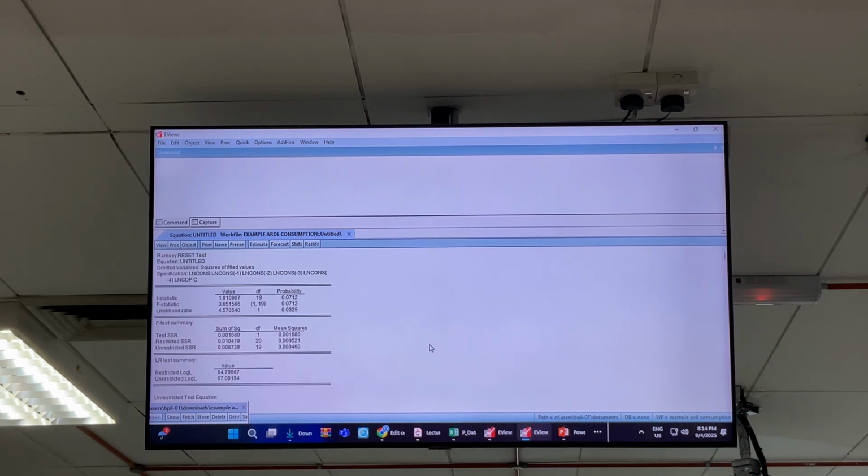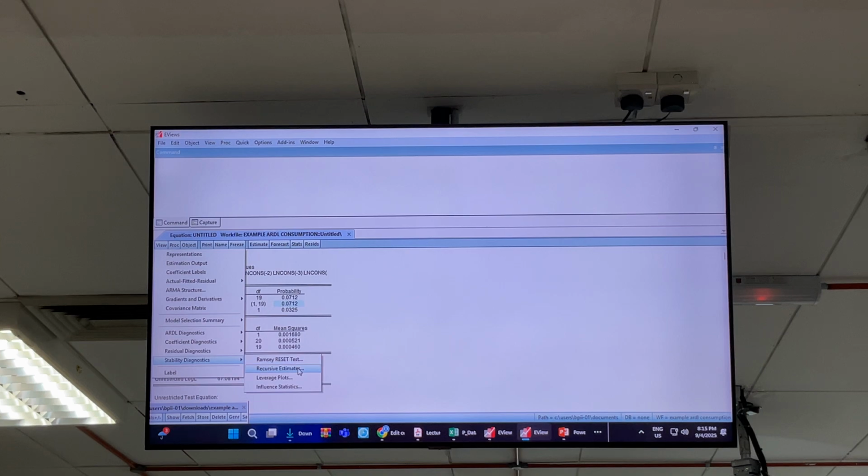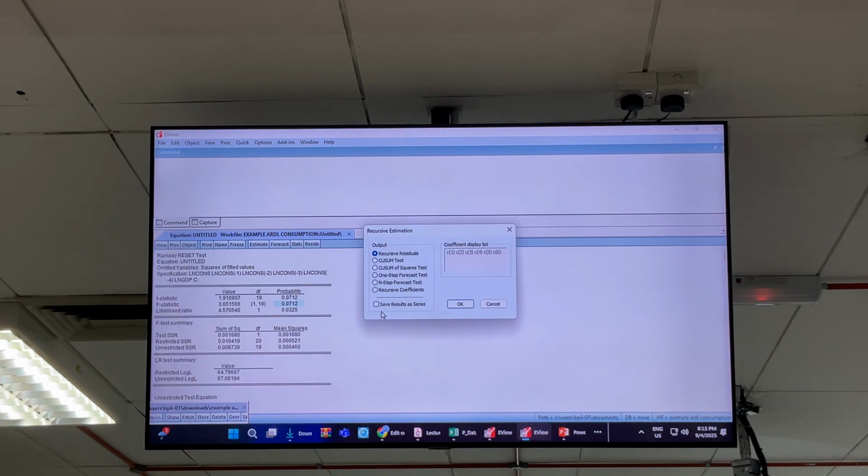I click OK. Oh, the F-statistic is significant at 10%, but not at 5%, right? Okay, maybe you do not have model misspecification at 5%. How about the stability? Stability, go to Recursive Estimates.